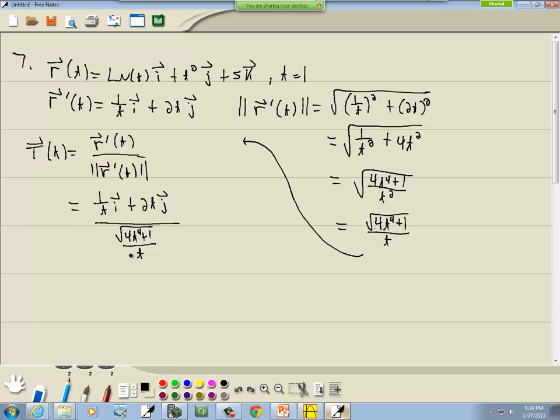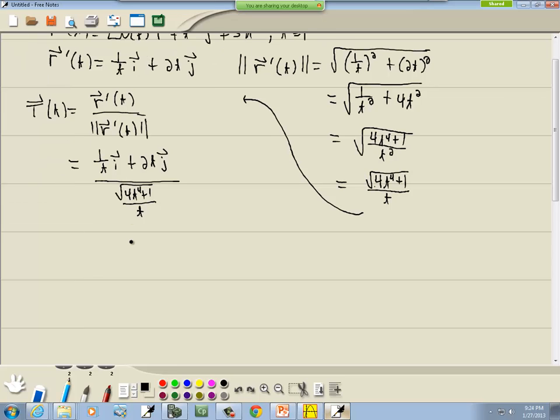And we're going to flip that, multiply times our top piece here, multiply times each piece. So this will be t over square root of 4t to the 4th plus 1 times 1 over t i plus t over square root of 4t to the 4th plus 1 times 2t j.